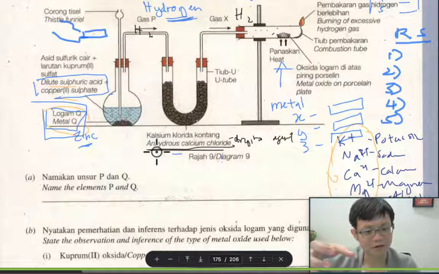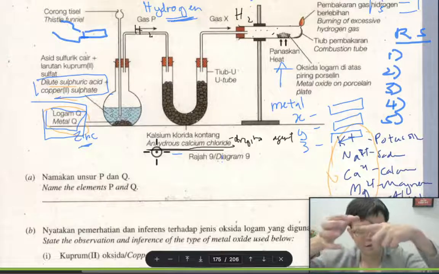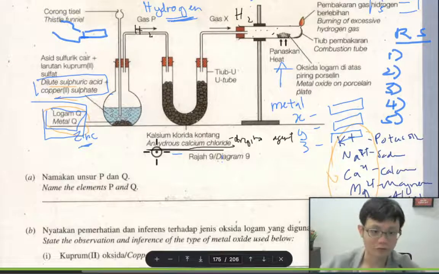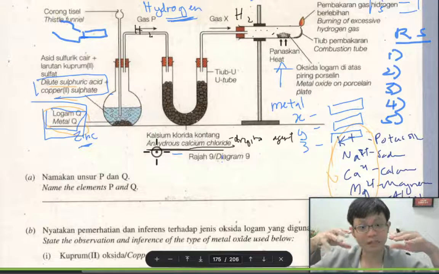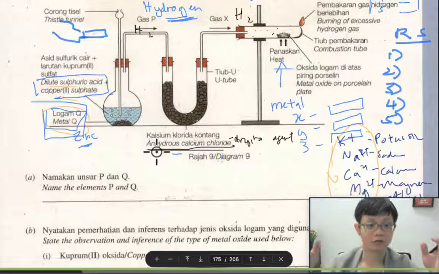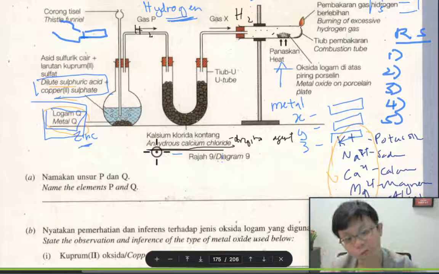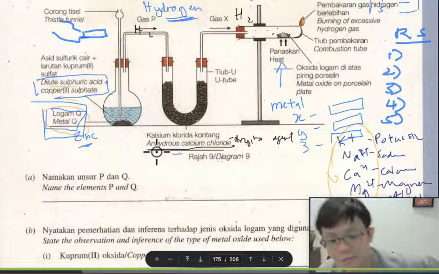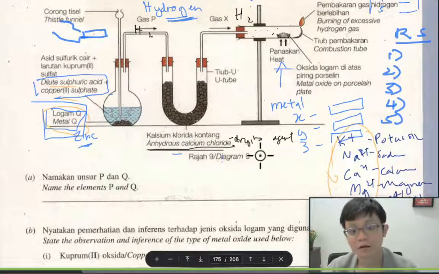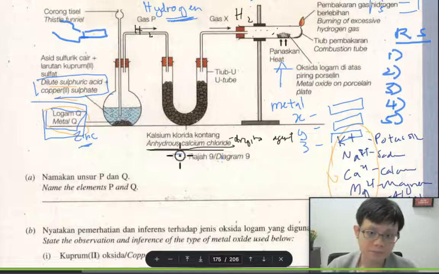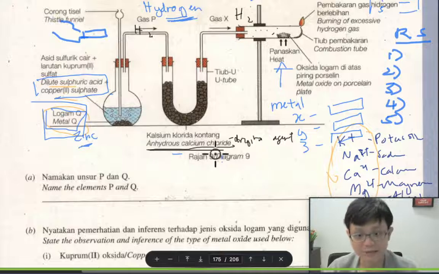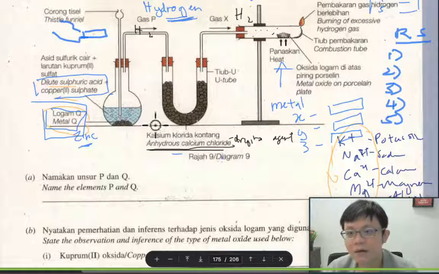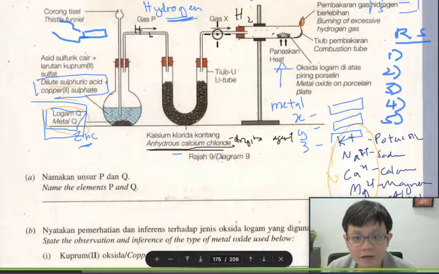You put it in your cupboard, and after a very long time there is water inside, then you throw it away and buy a new one, because it absorbs the water vapor, so you won't feel wet in your cupboard and it won't be smelly, because water is needed by microorganisms to grow. So this is anhydrous calcium chloride. Even in our daily life we see something like this: don't eat this. Okay, now we already know everything.